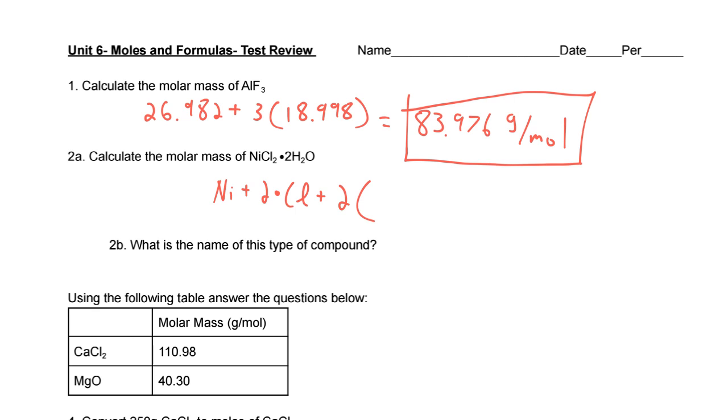This means we have 2 water molecules, and you can add up the water molecule separately, or just remember water is very common. It's 18.015. Once you look at the atomic mass for nickel and chlorine, you'll be able to solve this one. What's the name for this type of compound? All I was looking for was this type, not necessarily this specific one, but because it has that water at the end, this is a hydrate.